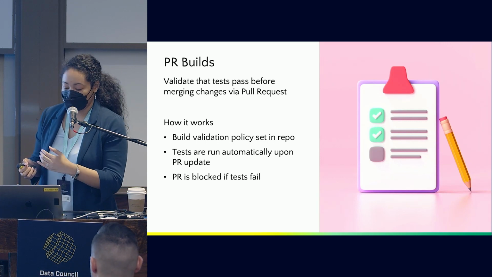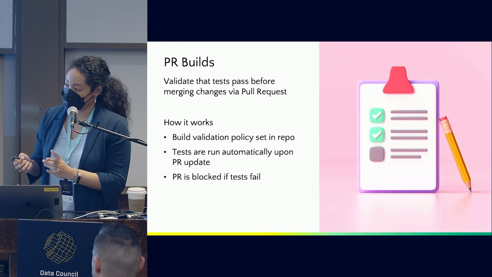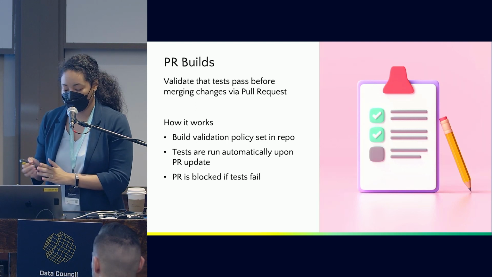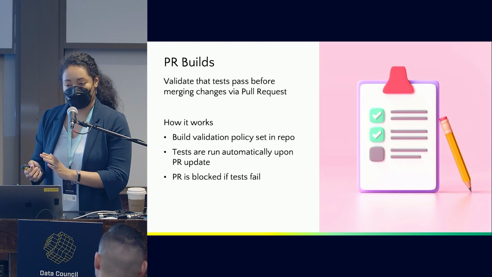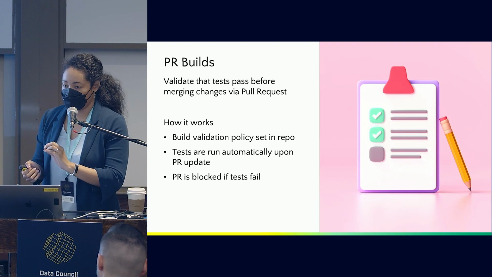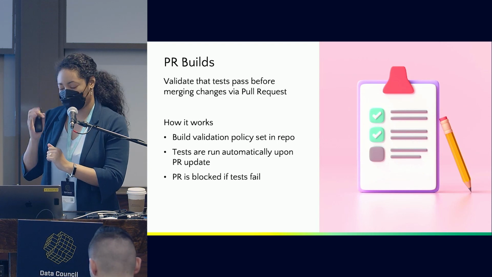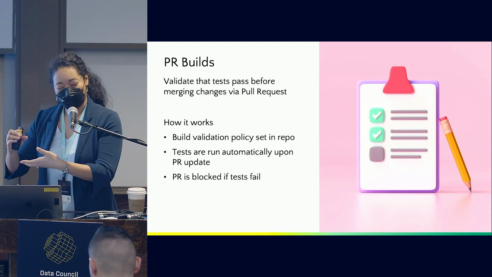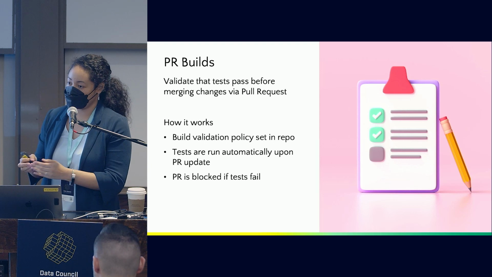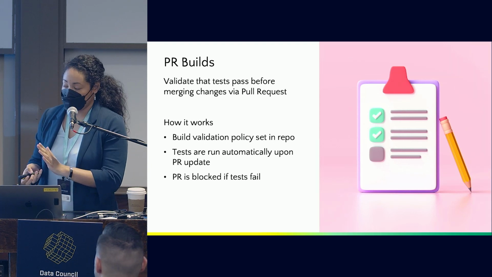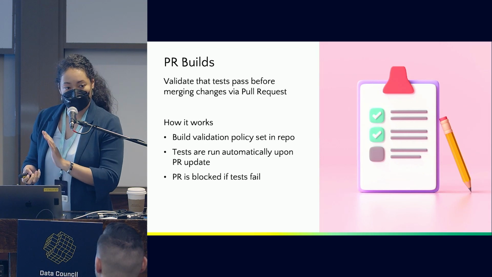So this is typically set as a policy within whatever platform you use, whether that's GitLab, GitHub, Azure DevOps, whatever you have. And this is just a nice way to ensure that you're never going to be making a change to one of your main functioning branches that's going to cause any sort of breakages. So this is great because it blocks PRs from being merged in if tests are not passing.